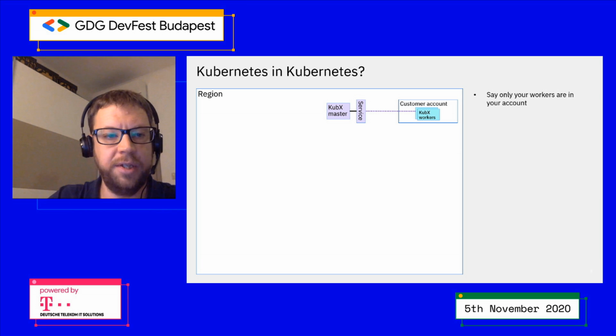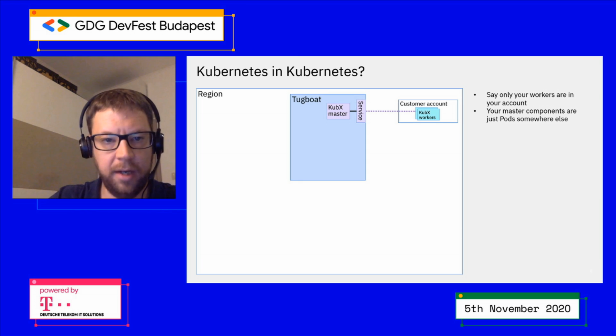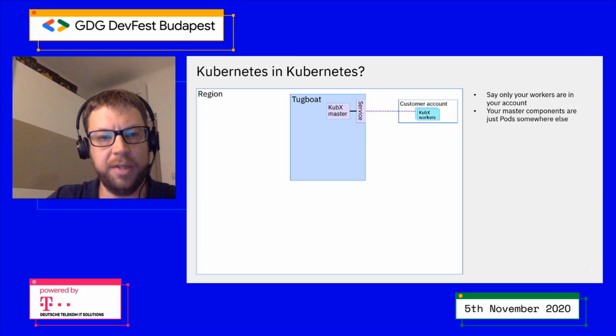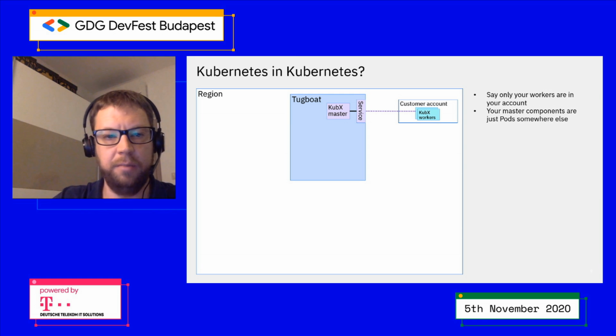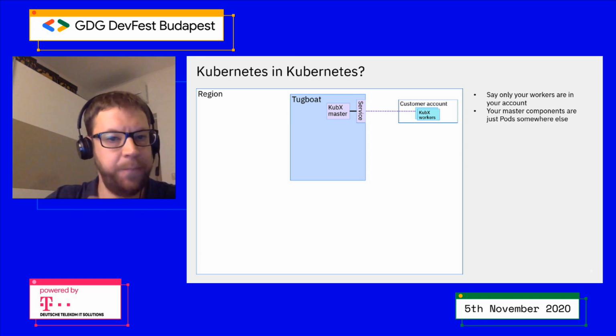Of course, this is in a single compute region, and the place where your master components are running is yet another Kubernetes cluster, which is not in your account. It is behind the scenes, and this is where IBM manages your clusters.